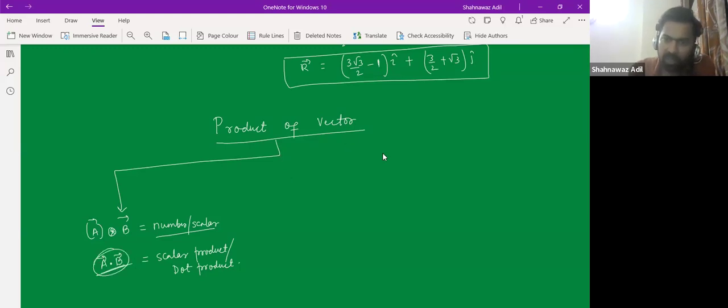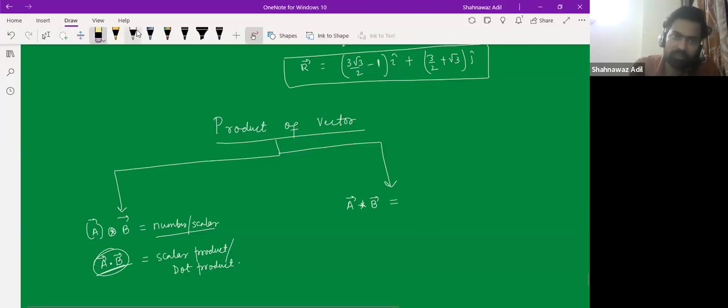And then, if we multiply two vectors and we get another vector, this is called the vector product, or the cross product.